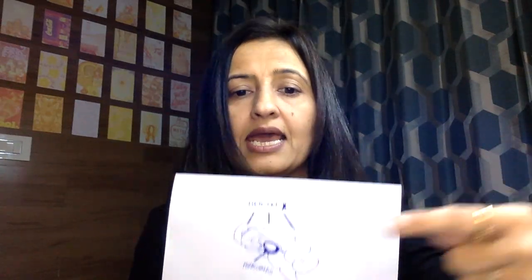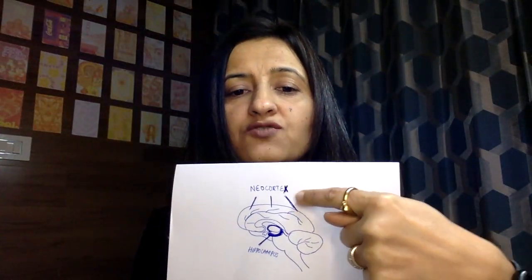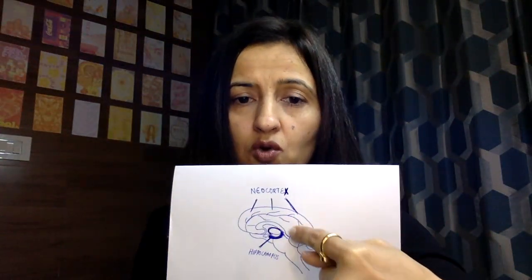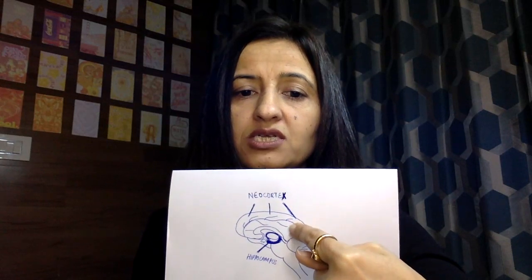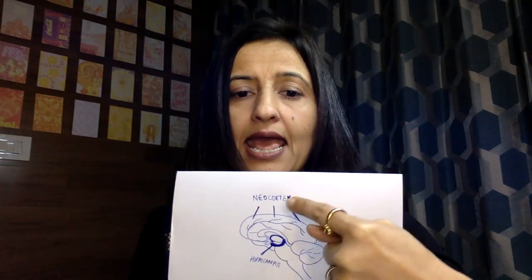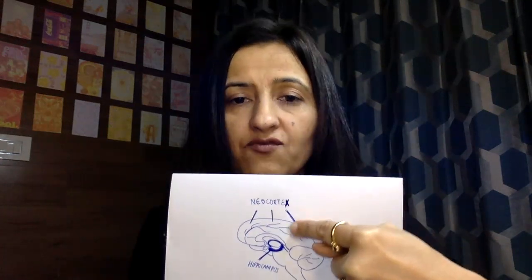But for that information to get converted into exact learning, when we say that we have learned a concept or we have learned something, it has to be transferred to the neocortex part of your brain, which is this part of the brain, right? And the information that gets stored here is also labeled as your long term memory.